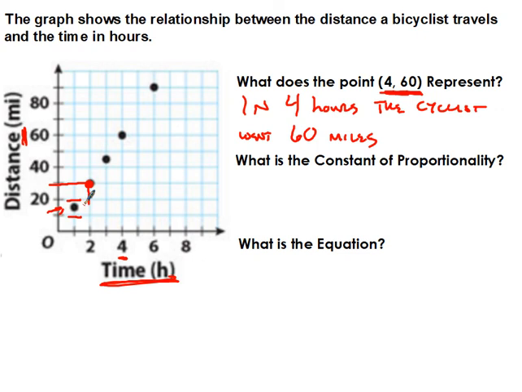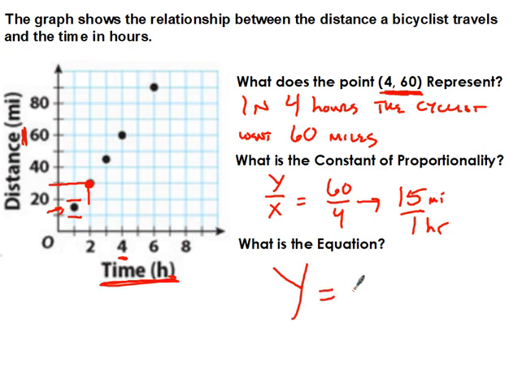I can do 60 divided by 4, or I can just simplify my fraction, and I would get 15 over 1. So that would be 15 miles per 1 hour. That is the constant of proportionality. That is the rate, the speed at which the cyclist is riding. So therefore, my equation is y equals 15x.